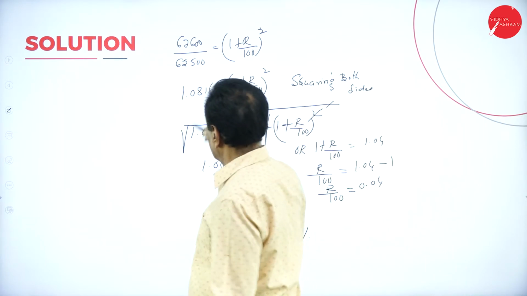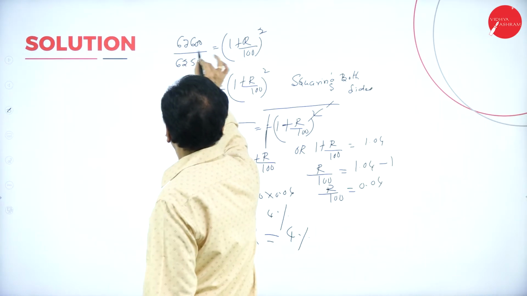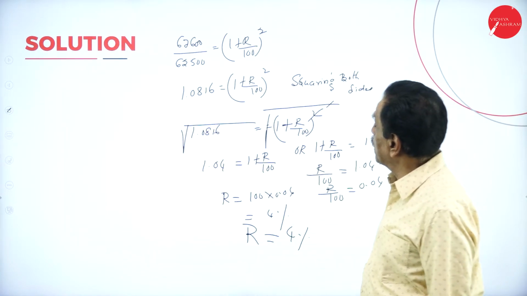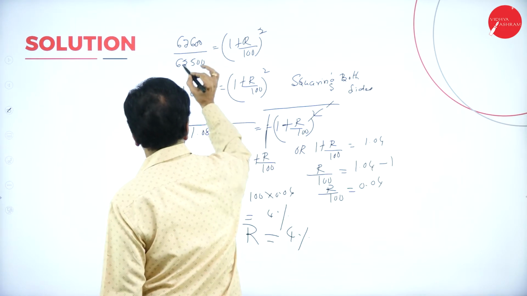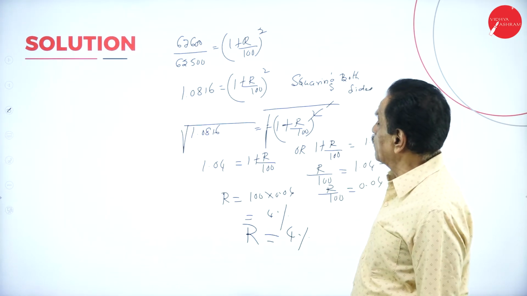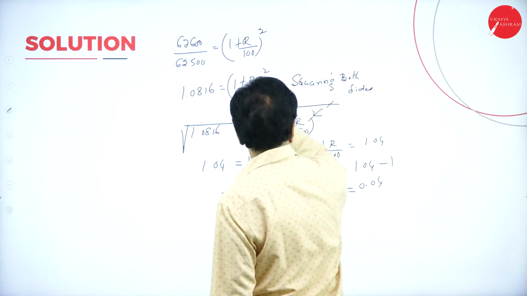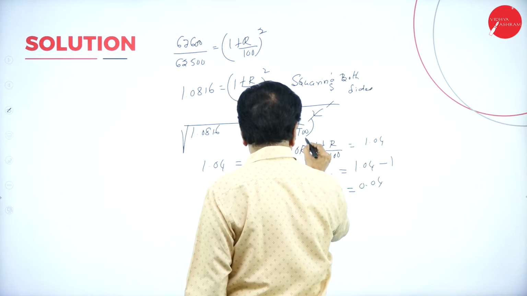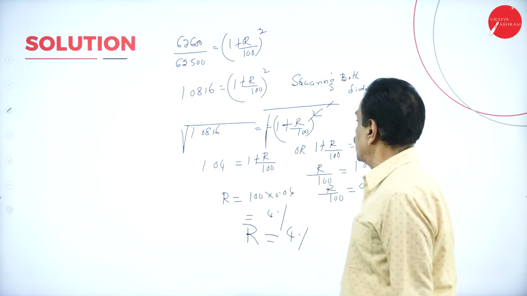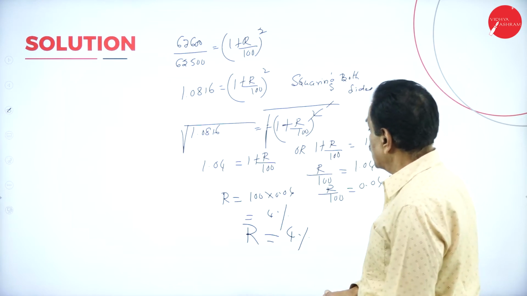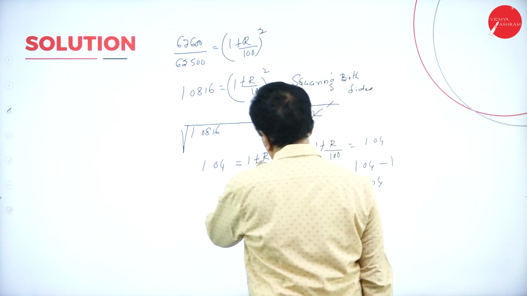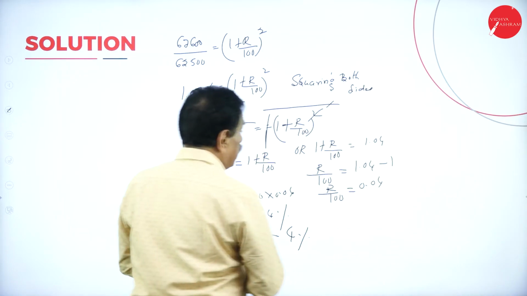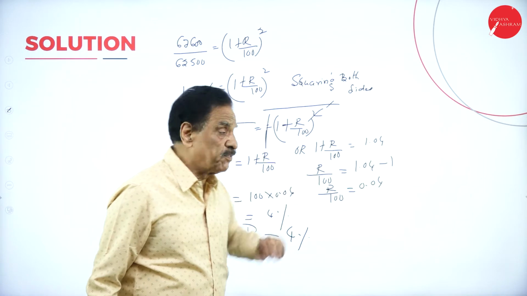Next step, I took this amount here: 67,600 divided by 62,500 is equal to 1 plus R over 100, the whole squared. If you divide this, it will come to 1.0816. Taking the square root on both sides, the root of 1.0816 is 1.04, so 1 plus R over 100 is equal to 1.04.